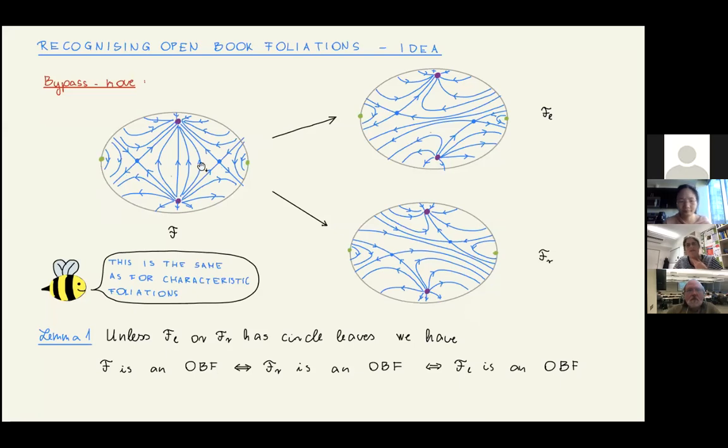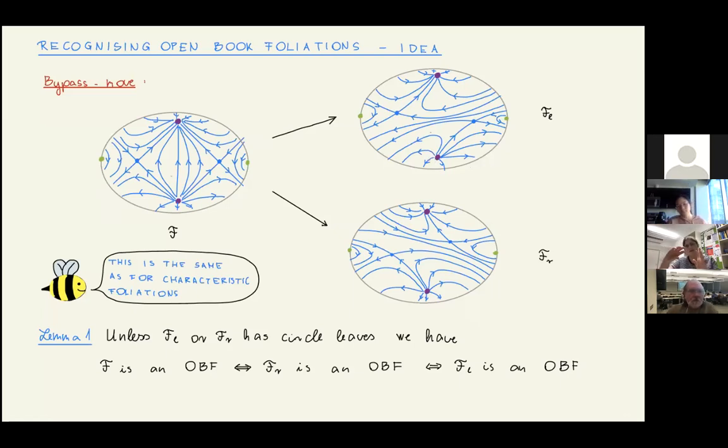There is this one parameter family of intervals going from one saddle to the other, and then I'm just modifying it locally. Check that all the arrows are okay, that these green dots help you check that the arrows are all okay when you are doing this move. And the statement which we are proving is that, okay, so this is two moves.